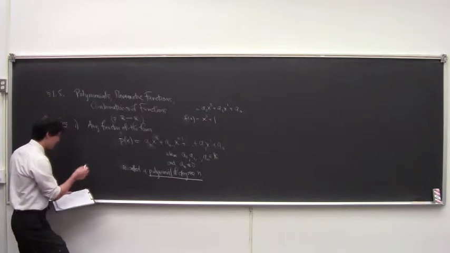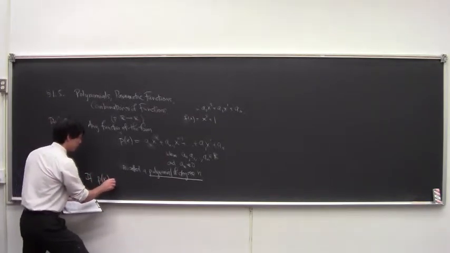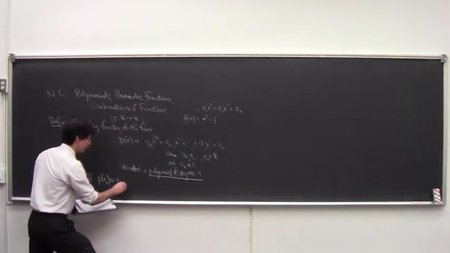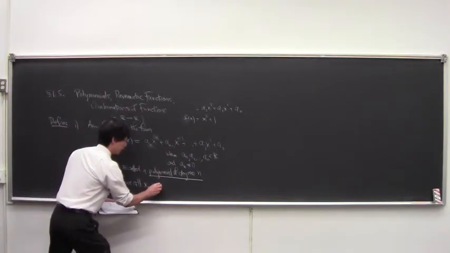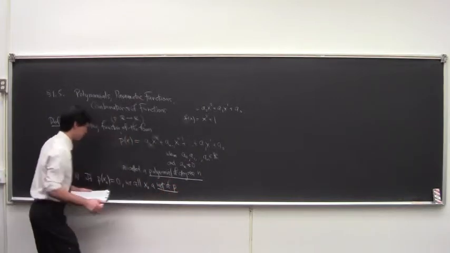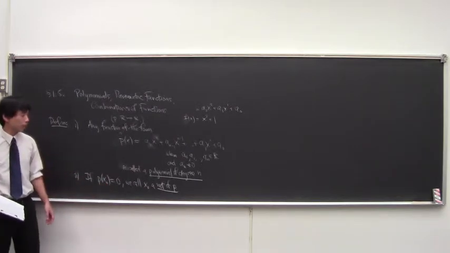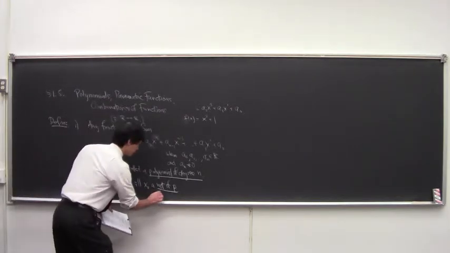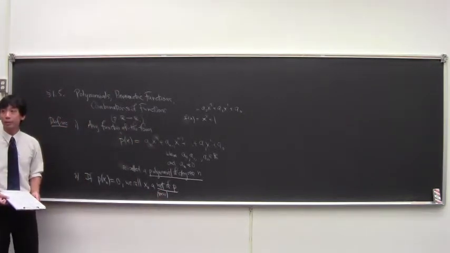Okay, another definition: if p is 0 at some point, we say x naught is a root of p. So wherever p reaches 0, we call that thing a root or a zero.